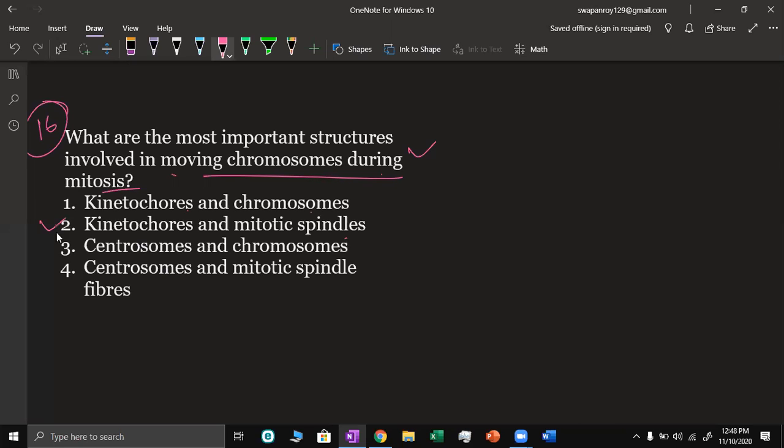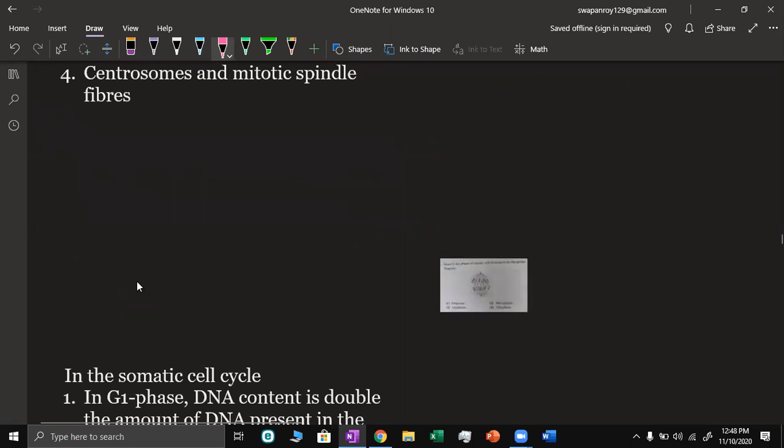The mitotic spindle is attached at the kinetochore of the centromere. Spindle fibers pull the chromosomes towards the pole, and the kinetochore is present on the centromere. So this is 16.